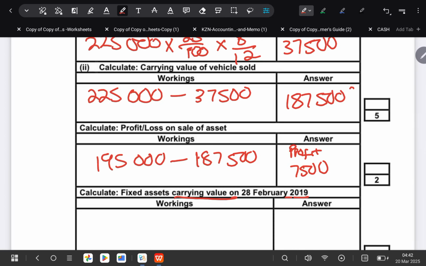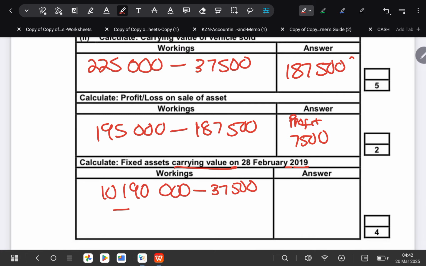So we'll take our 10,190,000, we subtract our depreciation, which is 37,500, and we also subtract the disposed ones at the carrying value, which is 187,500, and then it will give us our fixed assets at carrying value at the end of the year.